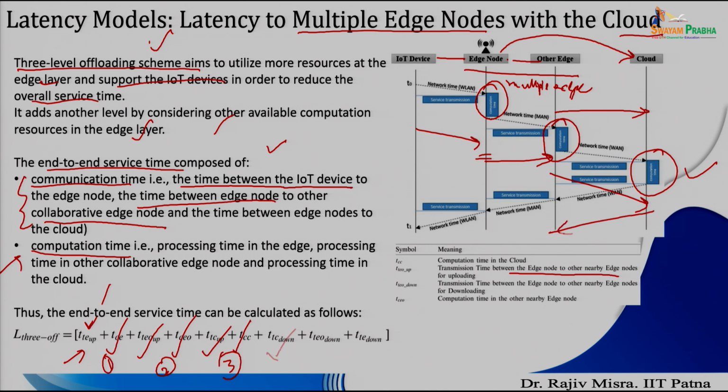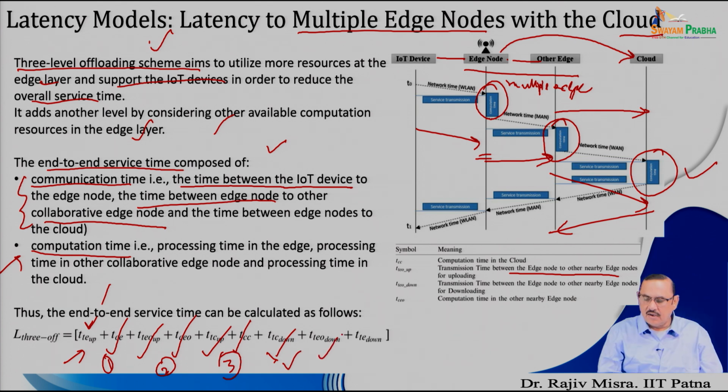And then finally, the transmission time in the reverse direction, that is from the cloud to the edge, is called download time. Similarly, between the other edge and the edge node, and from the edge node to the IoT.